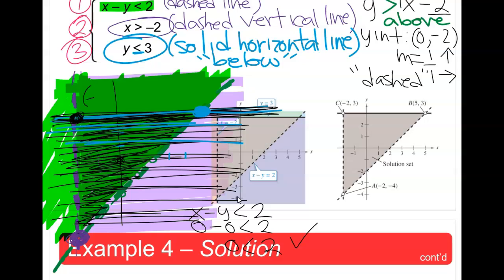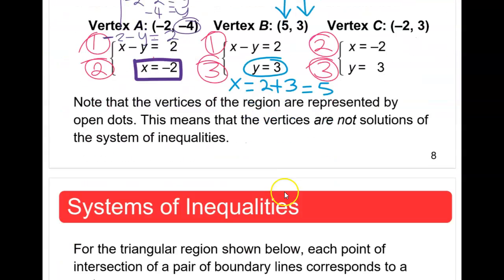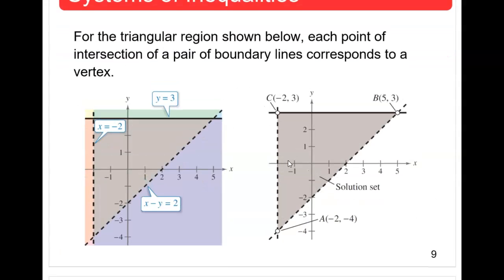So -2 comma 3. This one was 5 comma 3. And then here, I forgot what it was. -2 comma -4.